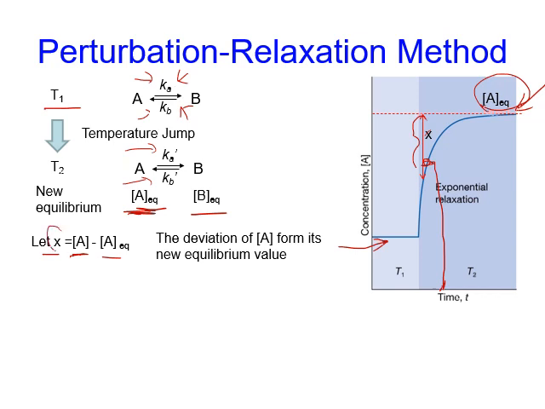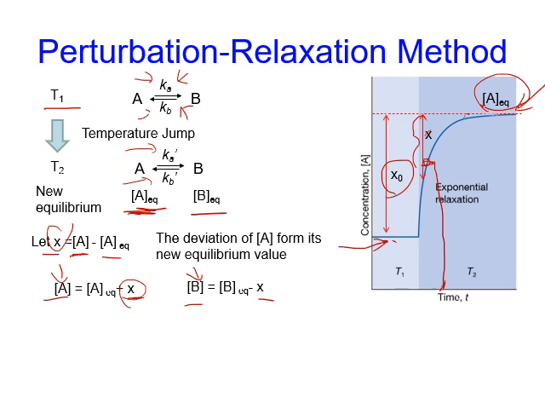Now using this x, we can calculate the concentration of A and the concentration of B at any time. x naught is the difference between the equilibrium concentration at T1 and the equilibrium concentration at T2. So by using x, we now change two variables, A and B, into one variable, just x.